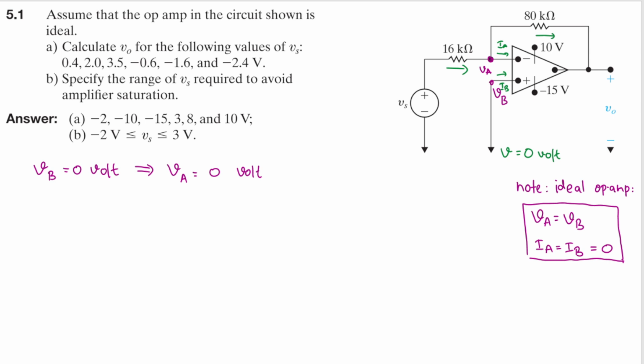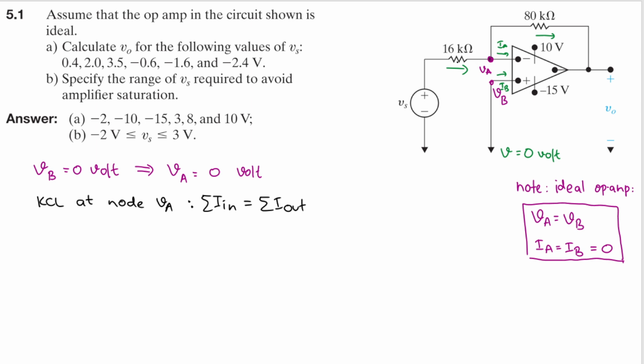Okay, and now let's do KCL at node VA. KCL says that the sum of the current that goes in will equal the current that goes out.